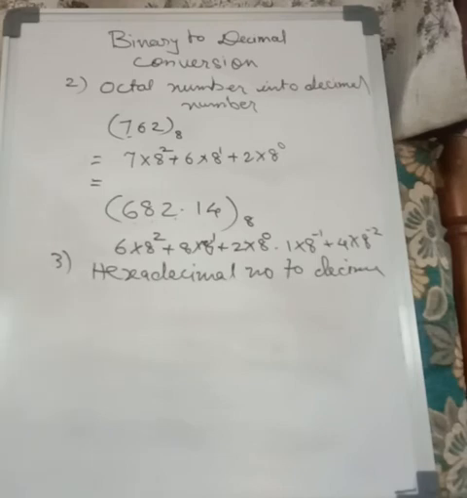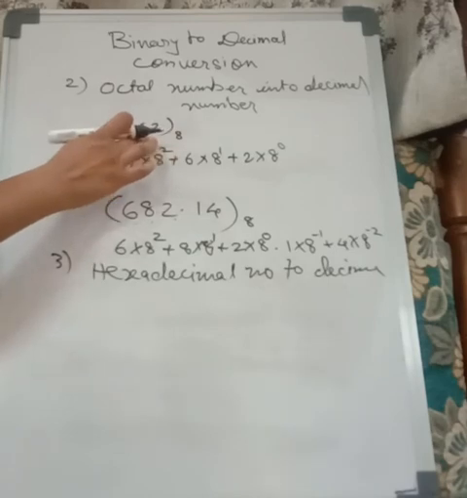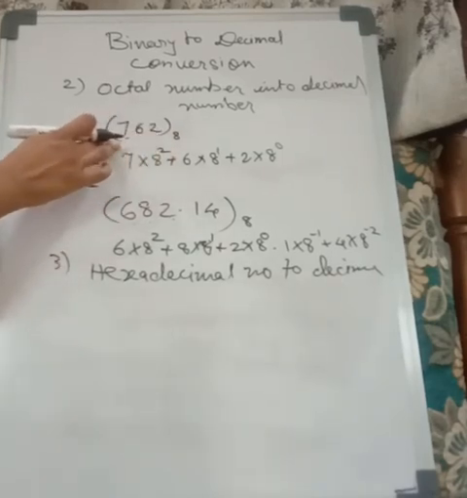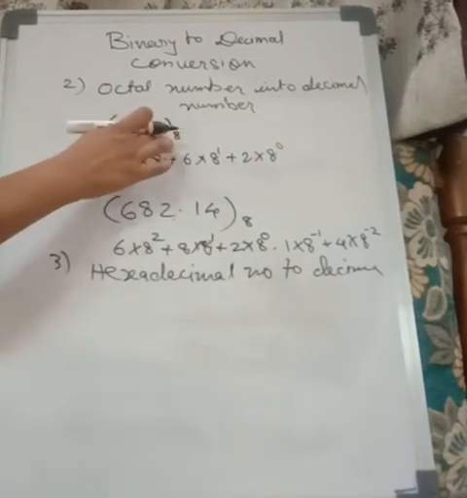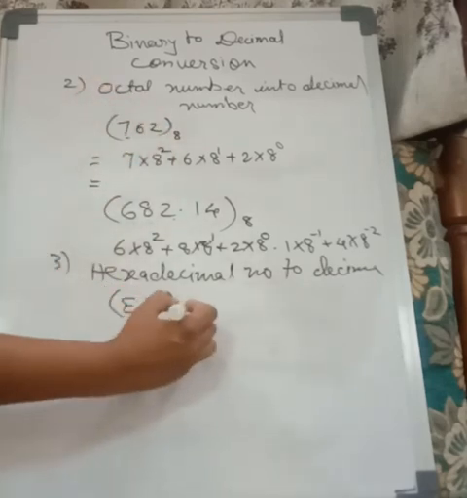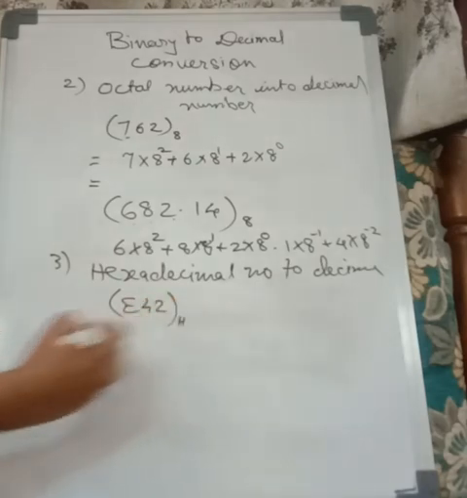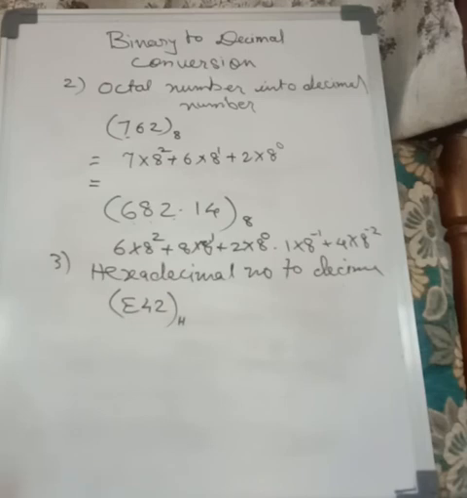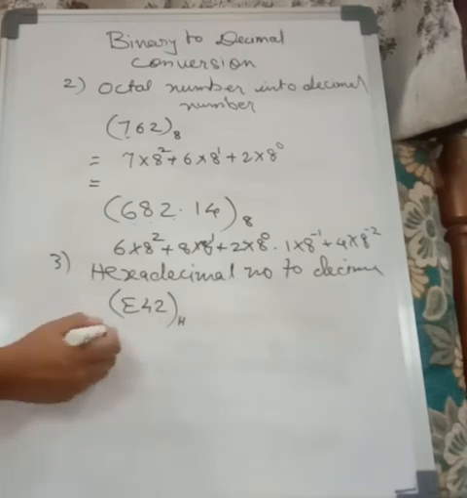What we had done, we had a number in that number system, as we have here in the octal number system, base is 8. Similarly, suppose E42. This is my hexadecimal number. So I'll write H over here. And now I want to convert this hexadecimal number into a decimal number. How can we write this?